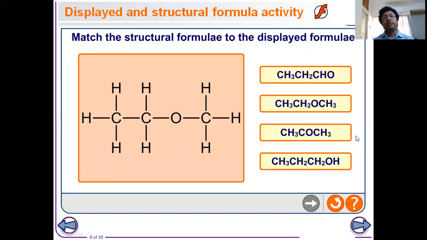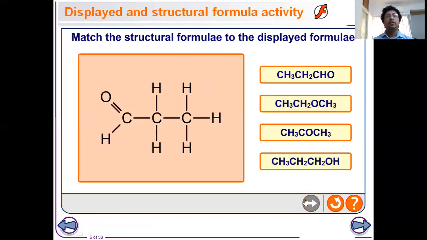Well, let's try to identify the structural formula from the displayed formula. A displayed formula is shown here. Now, which one is the structural formula of this molecule? Here we can see CH3, CH2, then oxygen, then CH3. So if we try to match the structural formula with this displayed formula, the correct answer will be this one.